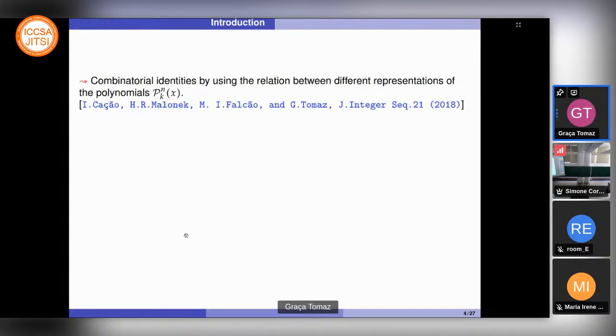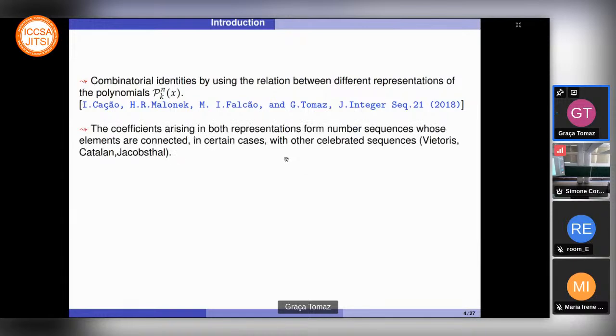We have already presented in a paper in the Journal of Integer Sequences combinatorial identities based on these two representations. The coefficients arising in both representations form number sequences whose elements are connected in certain cases with other celebrated sequences like Fibonacci, Catalan, Jacobsthal.